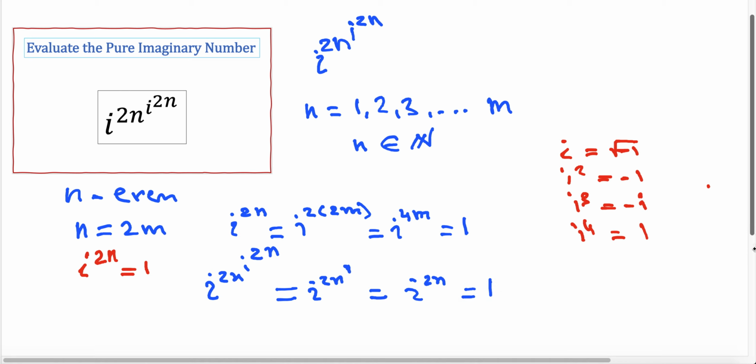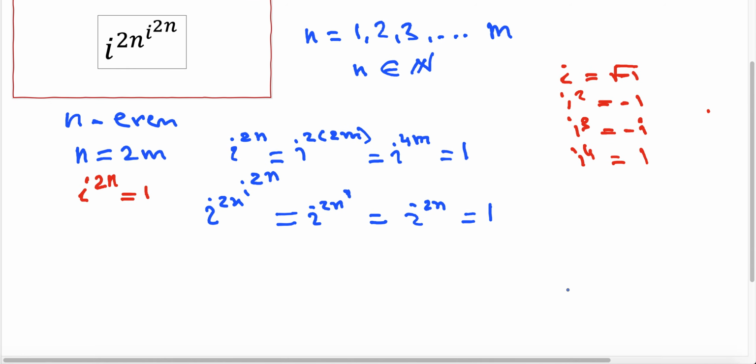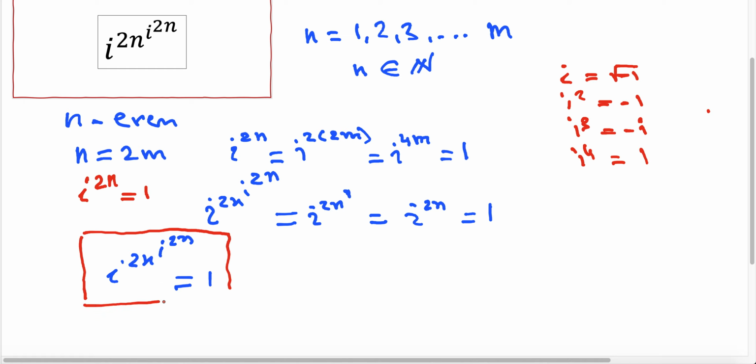So as it turns out, i^(2n) to the power i^(2n) is equal to 1 when n is even. We can frame this: for n even.